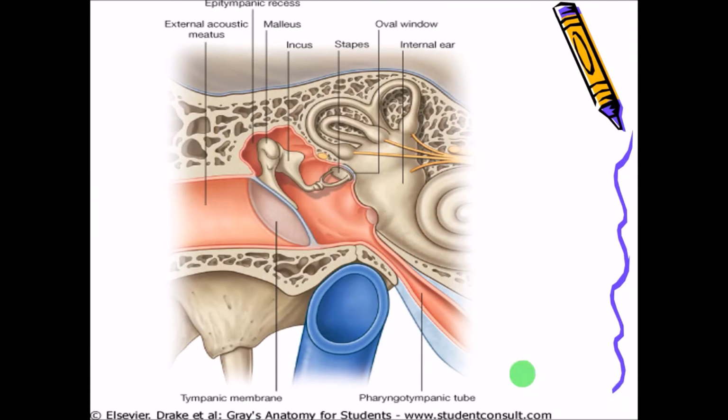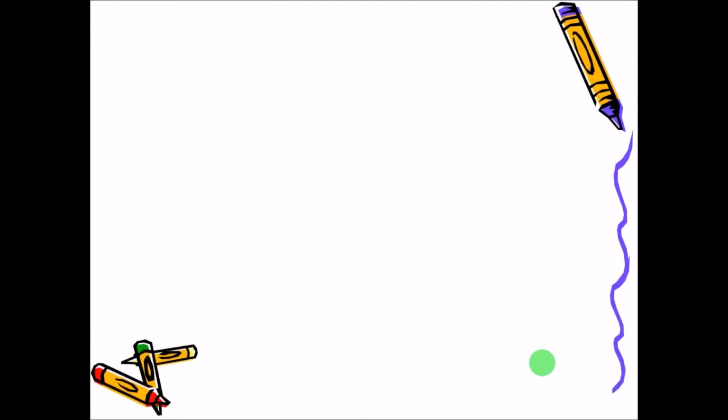These vibrations are transmitted from the tympanic membrane to the fenestra vestibuli, that is the oval window, by the movement of the ossicles of the ear. In the middle ear there are ossicles which transmit the vibration. It communicates through this tube with the nasopharynx.